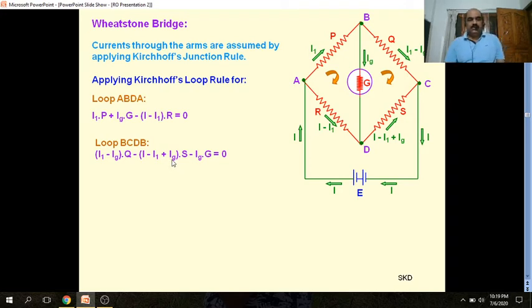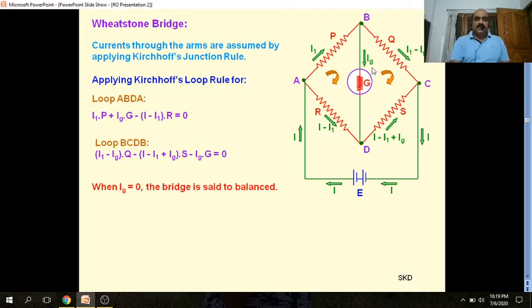So now we will have two equations for two closed loops. The condition when Ig is equal to 0. Now we consider the condition for null deflection. When Ig is equal to 0, the bridge is said to be balanced.